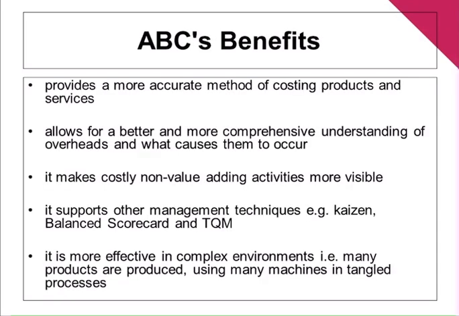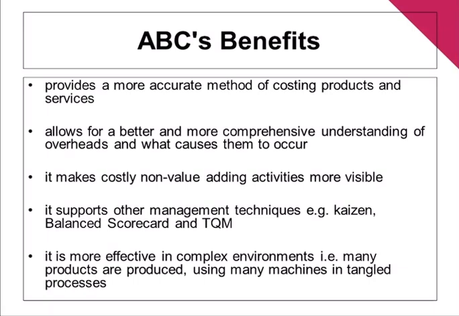In essence, you've got to think about the benefits and disadvantages of ABC, and there they are listed quite easily. They provide a more accurate method of costing products and services, allow for better understanding of what's driving those costs, and support other management techniques.